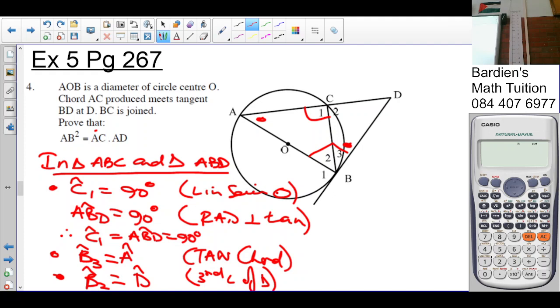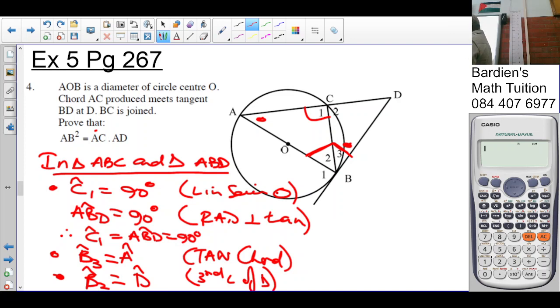But don't we have a common angle there also? Can B2 and B3 be B2 and 3? I'm asking if B2 and 3 equals 90, with the reason radius.